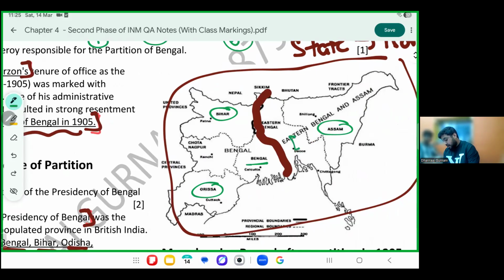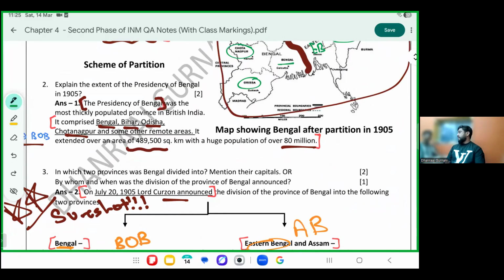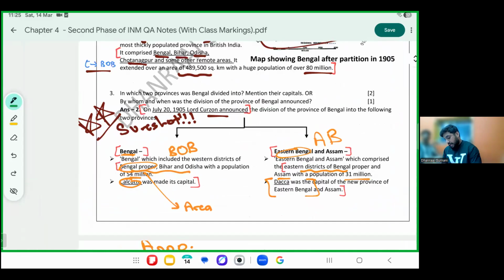Then there was East Bengal. Then they turned this into the Chota Nagpur area. So 1, 2, 3, 4, 5, 6, 7, if I'm not wrong, 6 areas to be precise. The one big Bengal over 6 years of implementation has broken down into 6 different states, which are there today also: Bihar, Assam, Bengal, and so on.